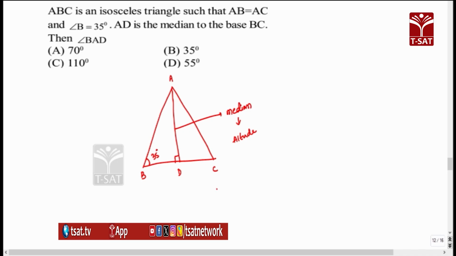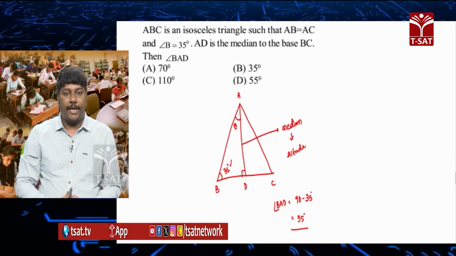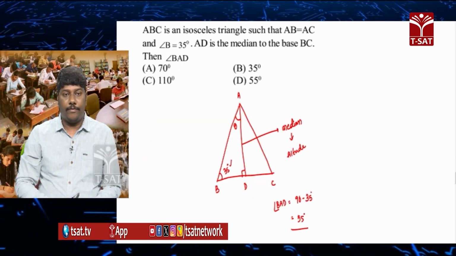Therefore, angle BAD, if it is 90 degrees, 35 plus this angle theta should also be 90 degrees. Therefore, theta is equal to 90 minus 35 degrees, which is equal to 55 degrees. So, angle BAD is equal to 90 minus 35, which is 55 degrees.